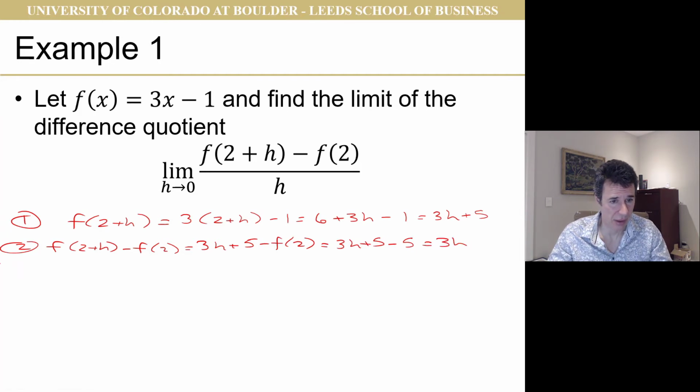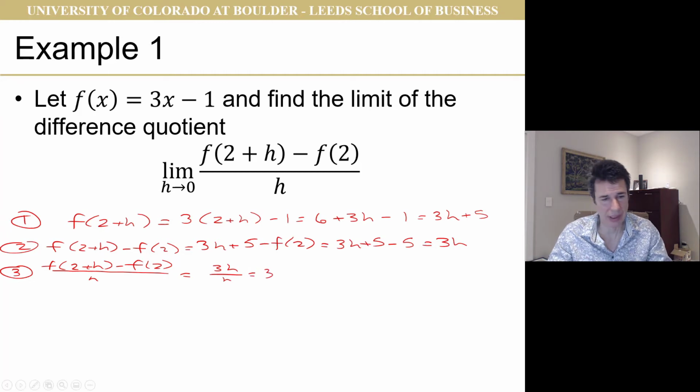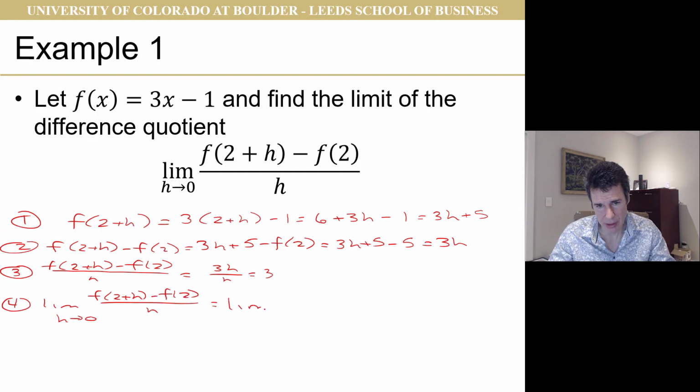The 5's canceled. So the nice thing when we get to step 3, which is to calculate f of 2 plus h minus f of 2 all divided by h, we get 3h over h, which is just 3. And now we can take the limit. So the limit as h goes to 0 of f of 2 plus h minus f of 2 all divided by h is equal to the limit as h goes to 0 of 3, which of course is just 3.